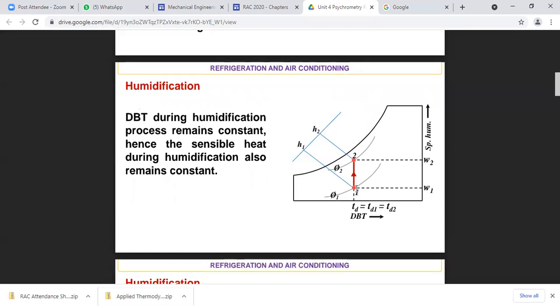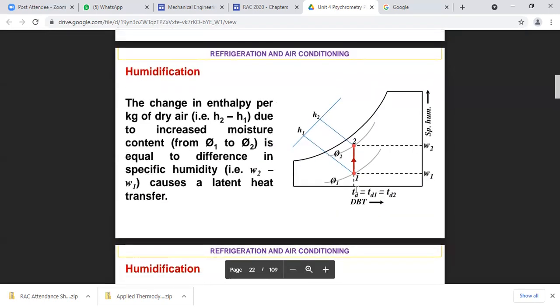Pure humidifying is possible when the heat of vaporization is supplied from a source other than the air, without affecting the dry bulb temperature. This happens when the entering air is spread in a chamber whose temperature is maintained at the dry bulb temperature. You can observe the change in enthalpy in kJ/kg due to the increase in moisture content.